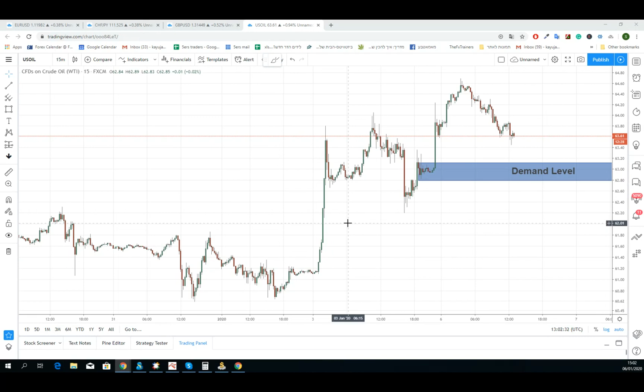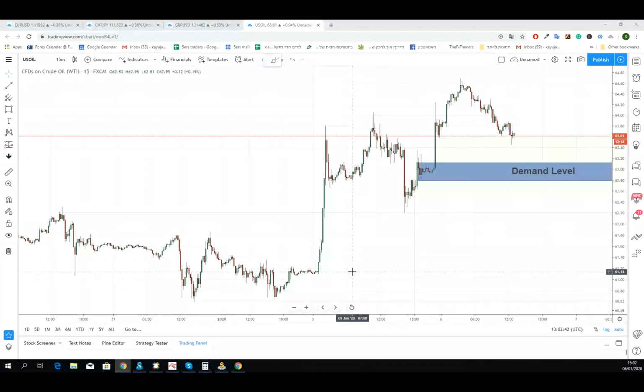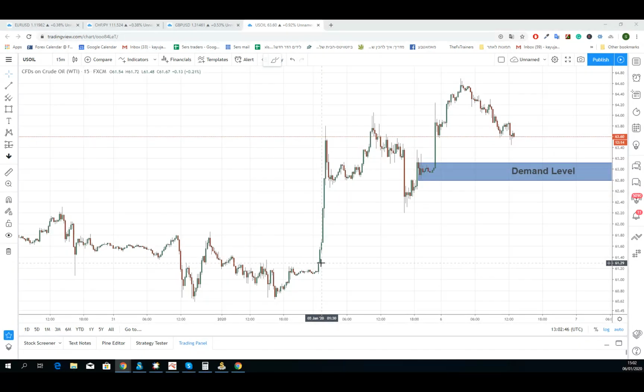As you can see, after what happened last weekend between the US and Iran, the US oil really jumped up from $61.30 up to 64 and a half very fast.